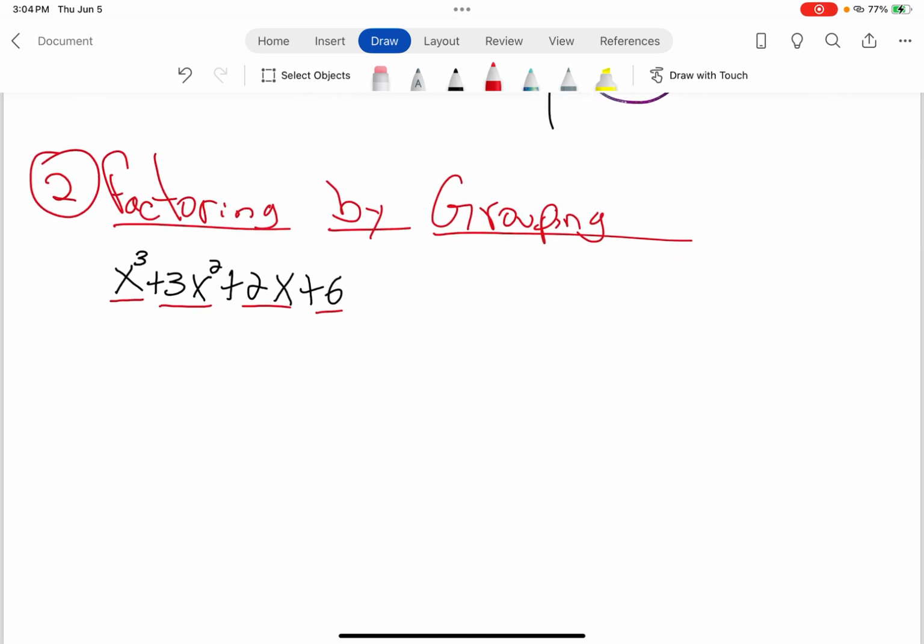So the thing here is that you will make 2 groups, and since you have those 2 groups, you are able to work with this. So the first group is x cubed and 3x squared, and the second group is 2x plus 6.